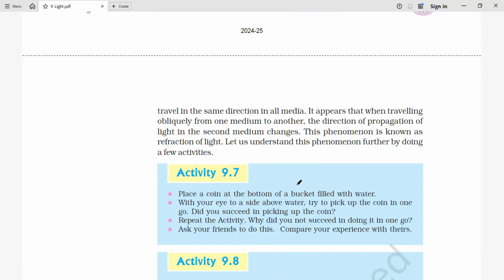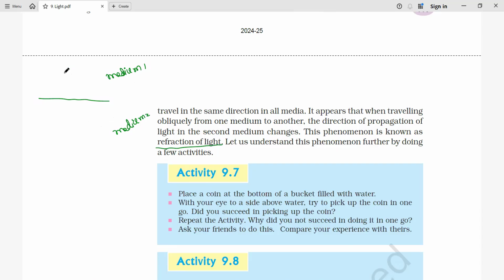When light travels obliquely from one medium to another, the direction of propagation of light in the second medium changes. That is called refraction of light. Suppose, for example, here we have an interface. This is medium 1 and this is medium 2.